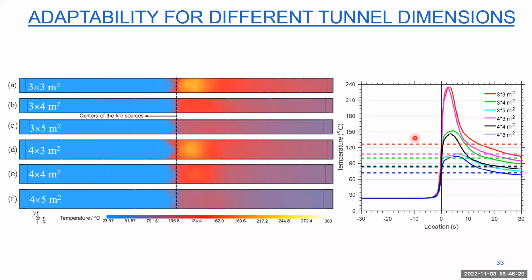The right side is the temperature distribution along the longitudinal direction, and you can also see the temperature distribution is strongly influenced by the height, but not the width.